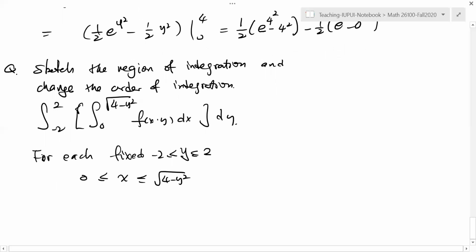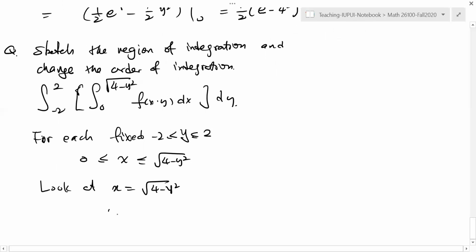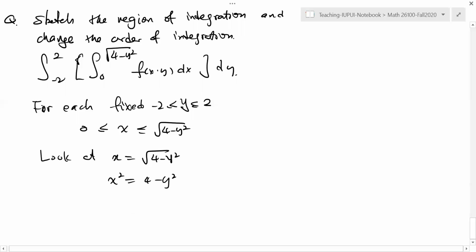So that means you have to look at this equation, the upper bound. If you square it, you will get a typical equation for a circle. But it's probably only part of the circle.